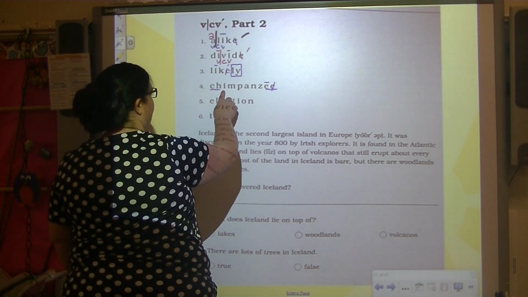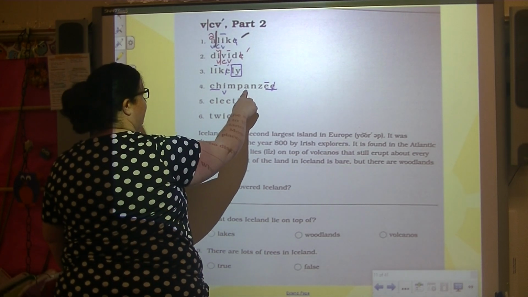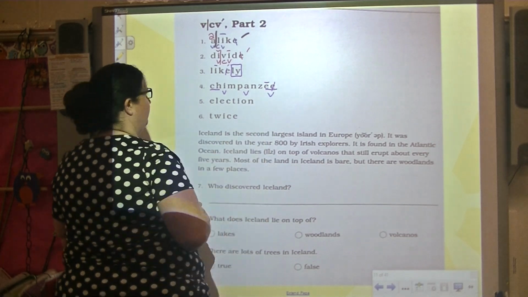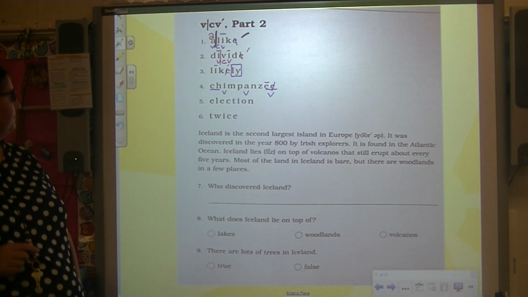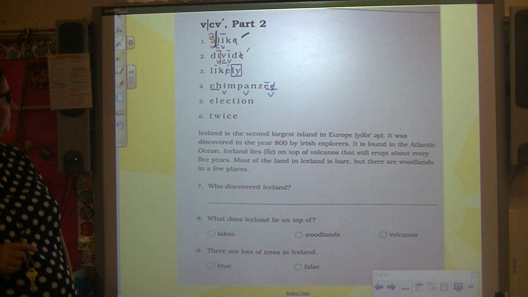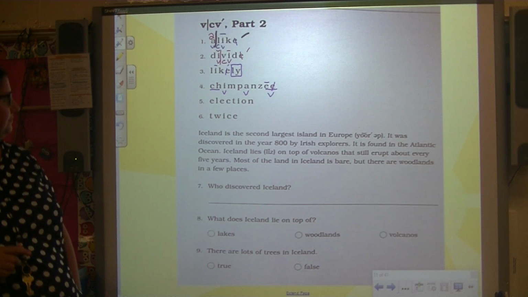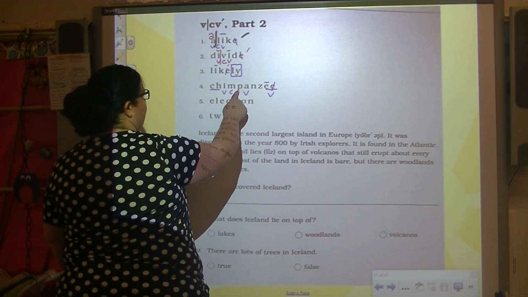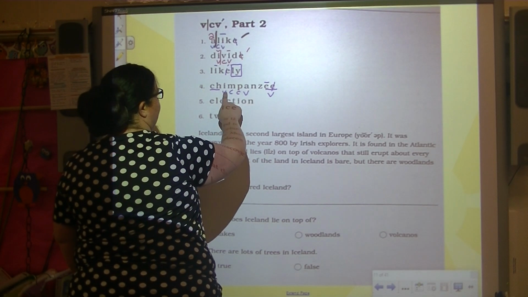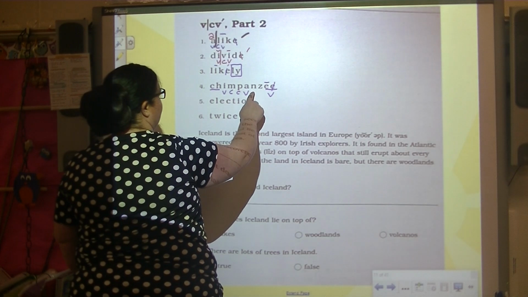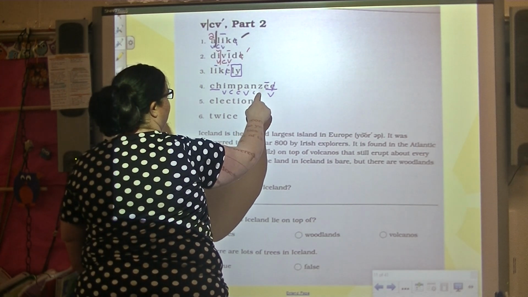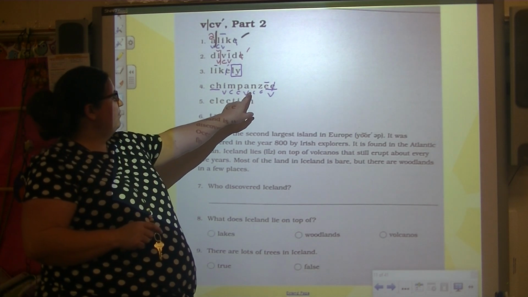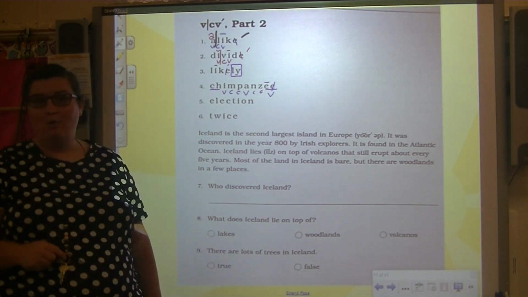We've got vowel I, vowel A. We've even got another vowel way over here. So we've got consonant, consonant right here. So we've got vowel, consonant, consonant, vowel, consonant, consonant, vowel.